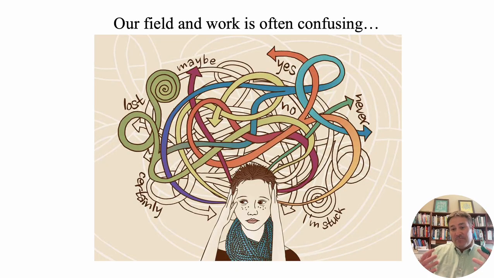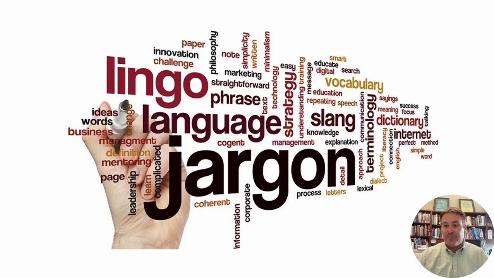All right, so as you know, our work as special educators, whether we're teachers, administrators, paraeducators, and we have some family members watching this, the work is difficult. Our field is confusing. And one of the things that's really confusing about it, as I alluded to with my opening, is how much jargon we have.